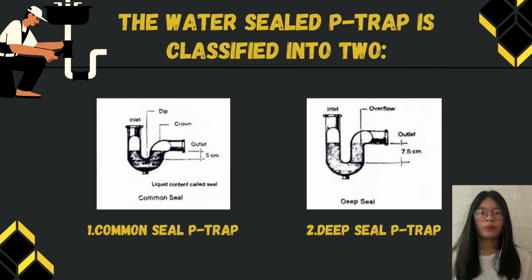One of the advantages of the deep seal over the common seal is its greater resealing quality. Reseal is a term used for the scientific principle that water at rest tends to seek a level and maintain it.